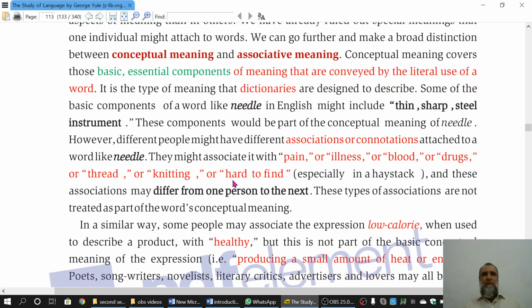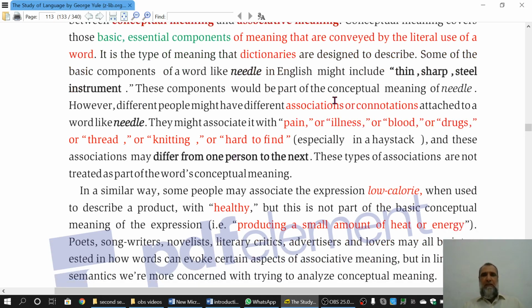Now coming to the other type of meaning, associative meaning, we will discuss this with reference to the same word needle. For example, this word needle has different associations, has different connotations attached with it. For example, pain is attached with the needle. If someone pricks you, you feel pain. Illness is attached with the needle because with the help of the needle, you can inject medicine to someone.